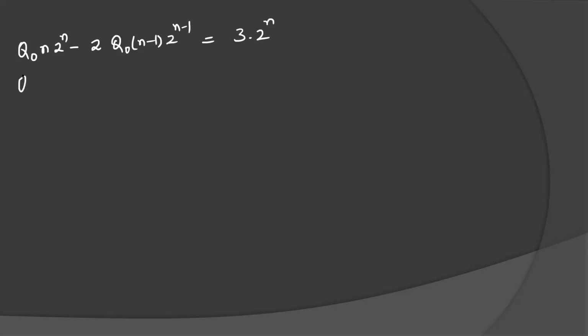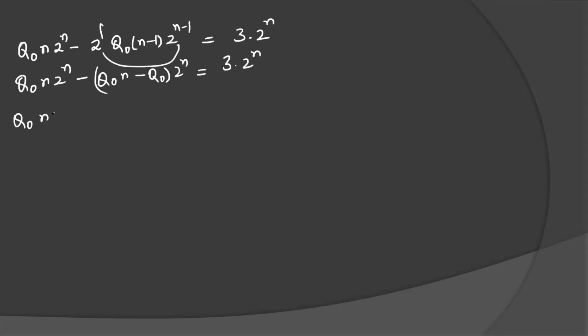Okay. So it will be q0 n into 2 to the power n minus, it will be 2 to the power n again, q0 (n minus 1) 2 to the power n, equal to 3 into 2 to the power n. So it will be q0 n into 2 to the power n minus q0 n 2 to the power n plus q0 into 2 to the power n equal to 3 into 2 to the power n.